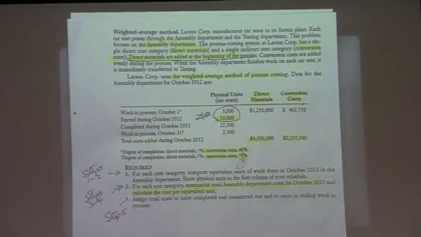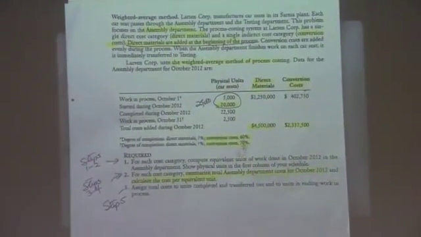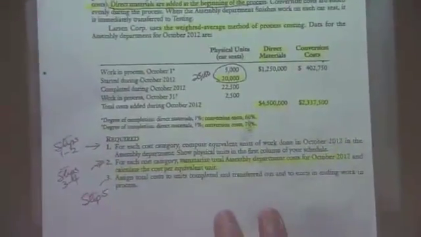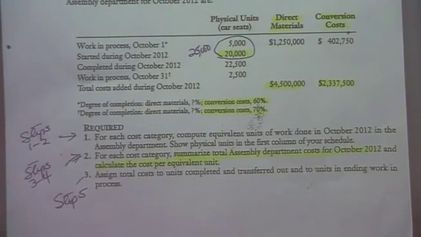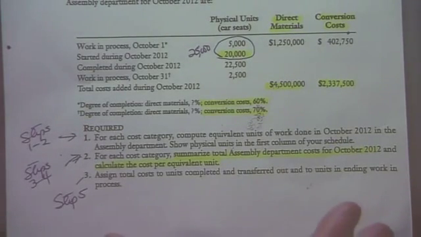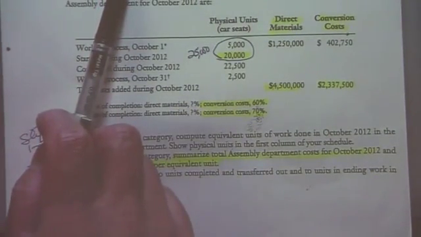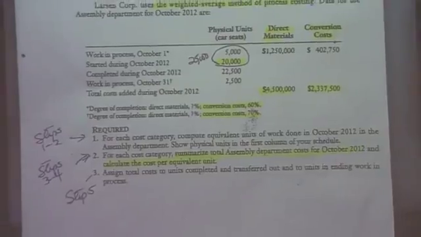So it's the same question, and what we're asked to do this time around is the journal entries that summarize the transactions that affect the work in progress, moving it from the assembly department and hopefully to the other department, in this case the testing department.